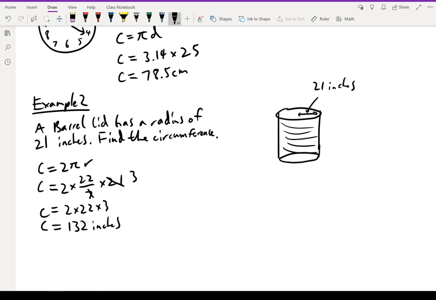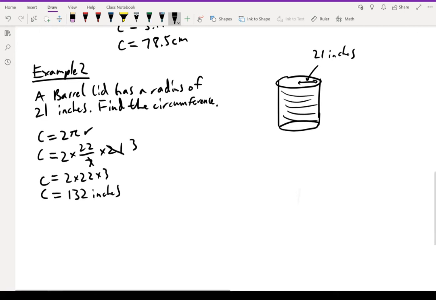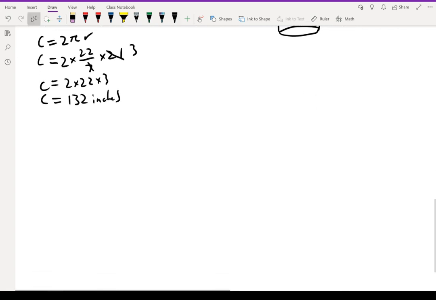We have one last example, and let's say this is a kind of word problem. So example 3.